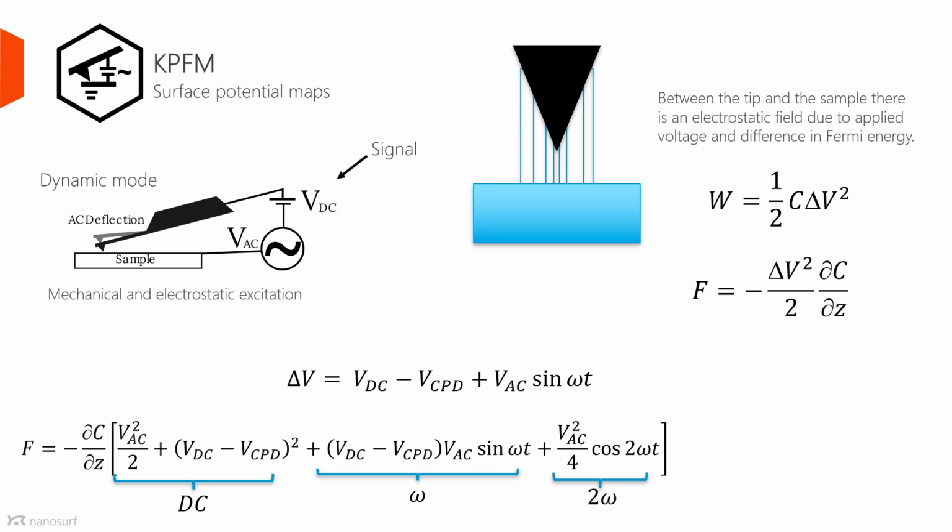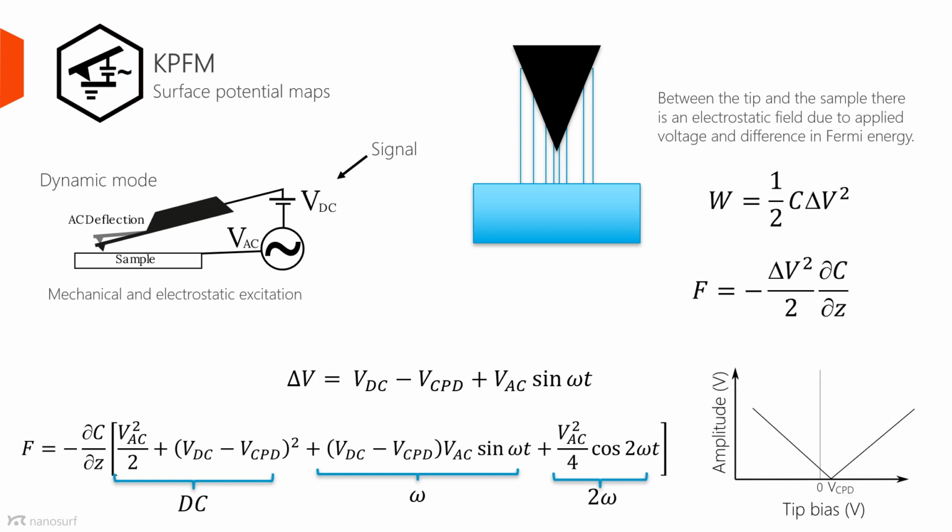You have a DC term that is constant. You have a first harmonic which oscillates at the same frequency as your exciting signal. You have a second harmonic, and you can keep expanding this to have even higher terms, depending on whether, for instance, you consider the capacitance to be constant or it varies.